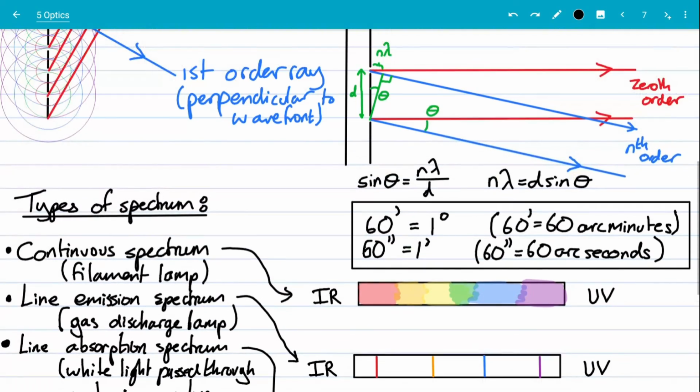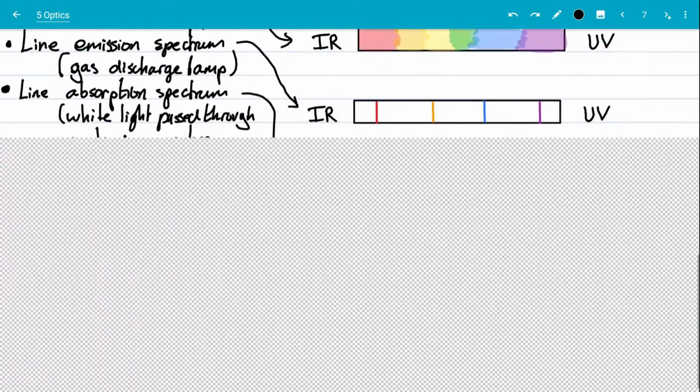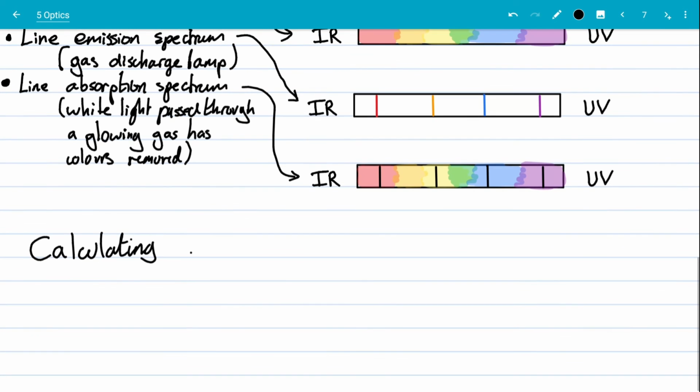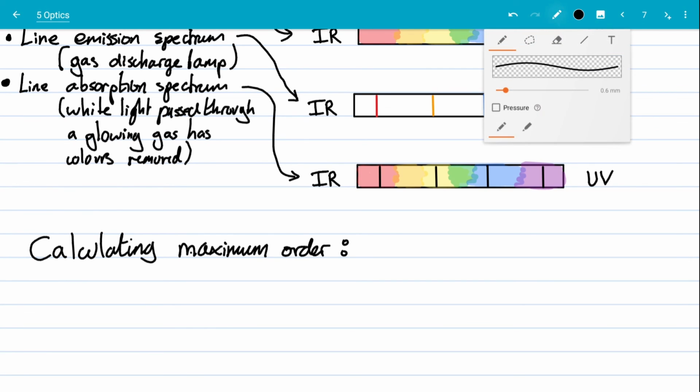The last interesting thing you might be asked to do is to calculate what the maximum order might be. So calculating the maximum order. Now, how would you calculate the maximum order?